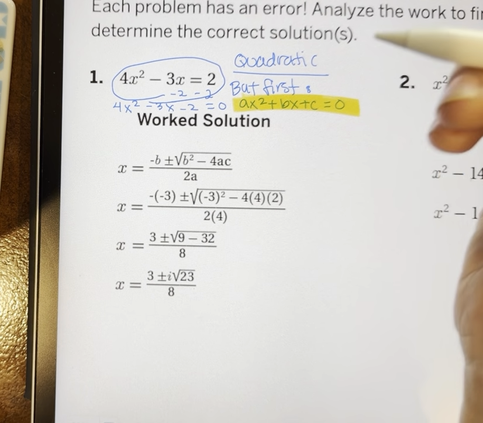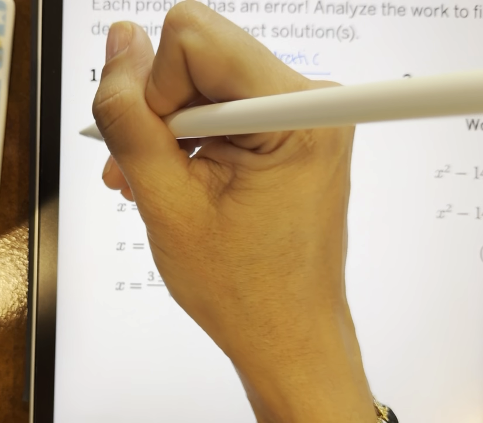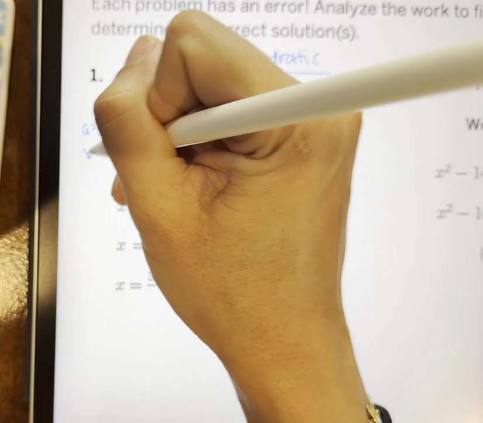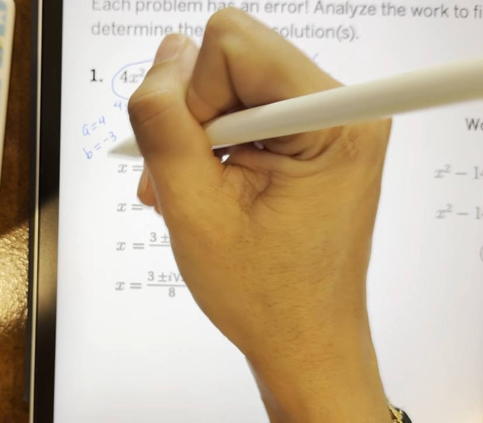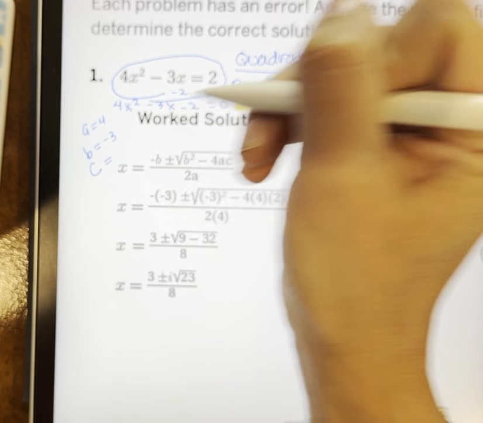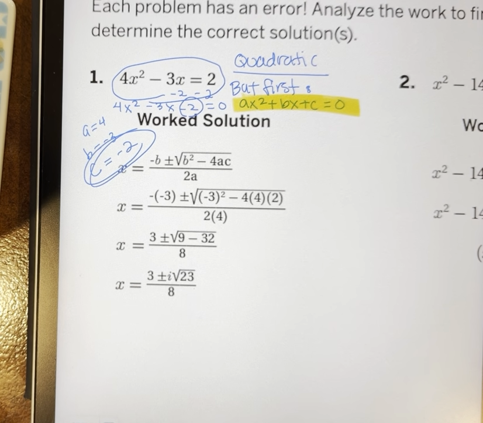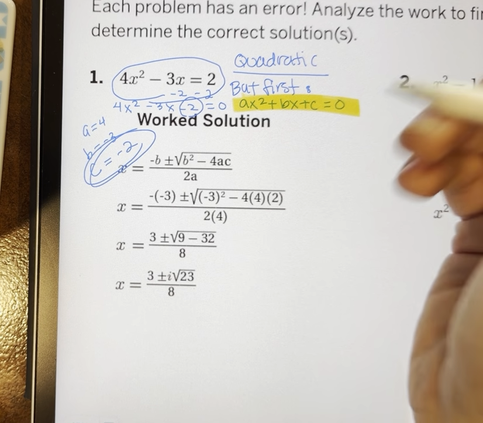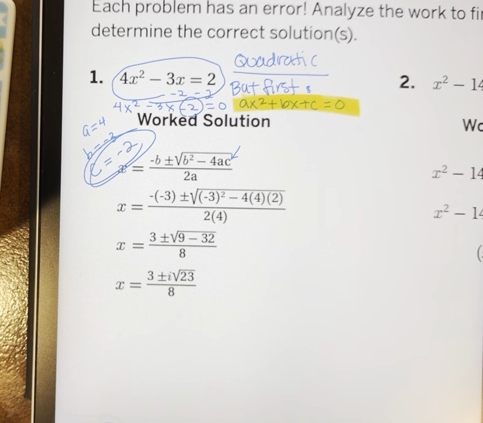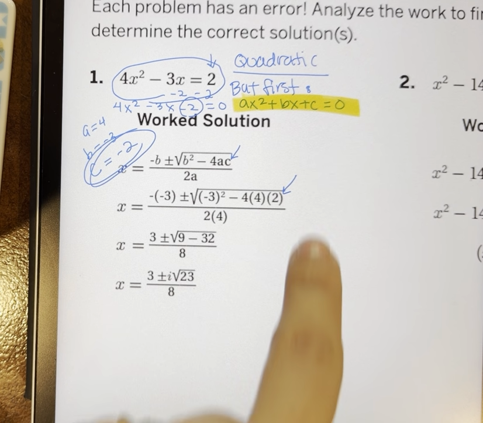If they had, they would get that a equals 4, b equals negative 3, but that c is negative 2. Here's c in the quadratic formula, and here's their c, positive 2. That's because they took it straight from here without doing the "but first," okay? That's their error.